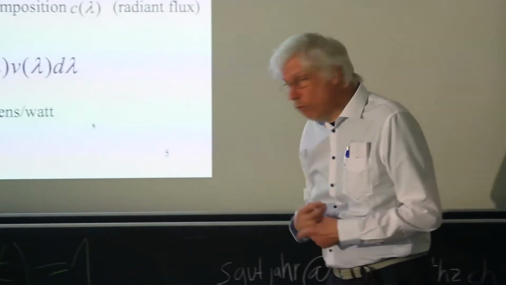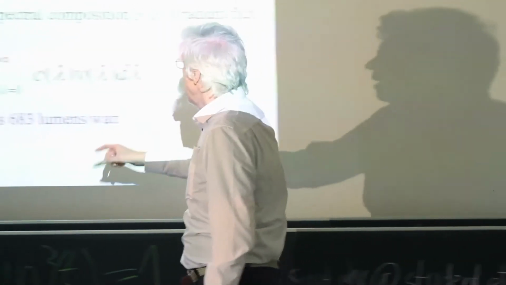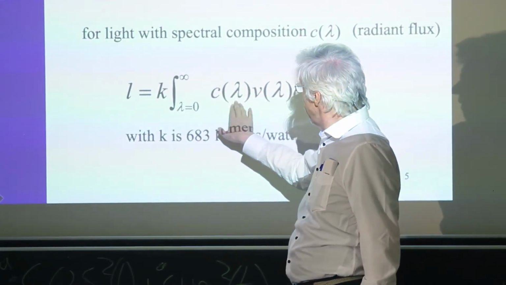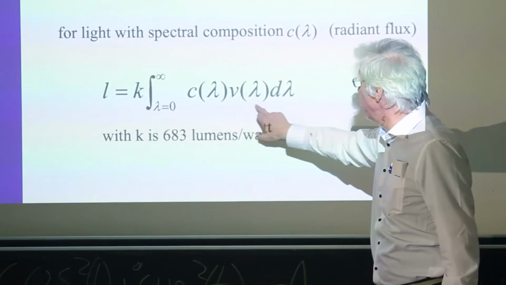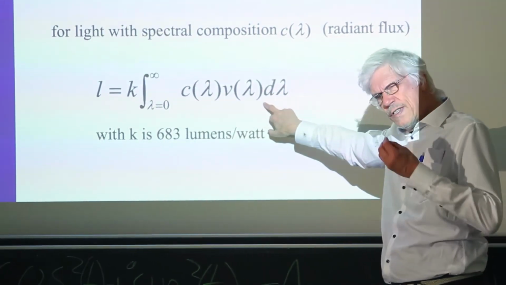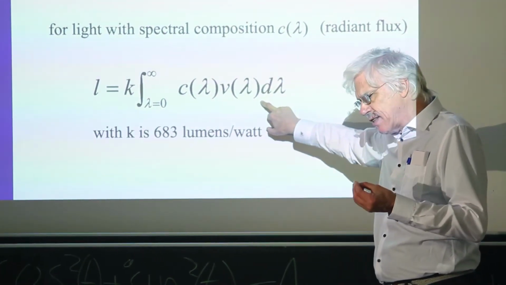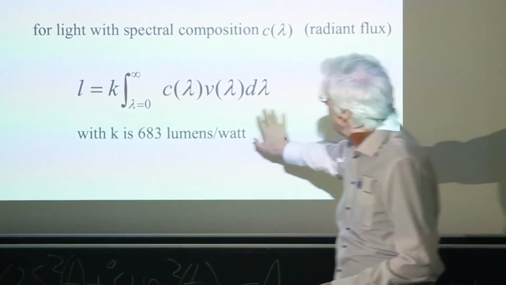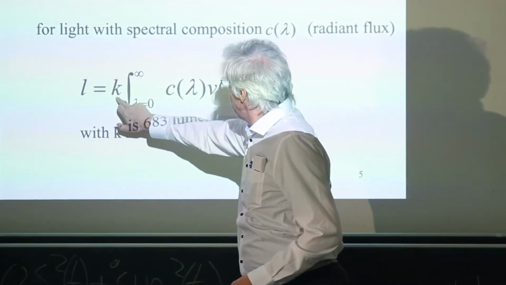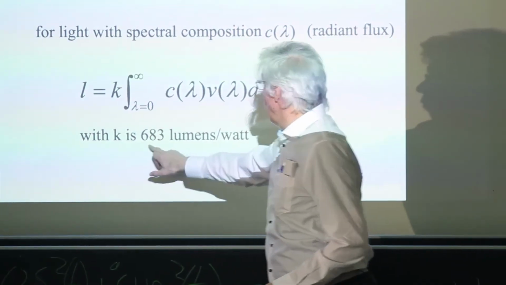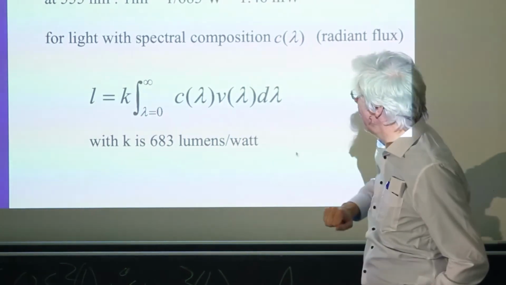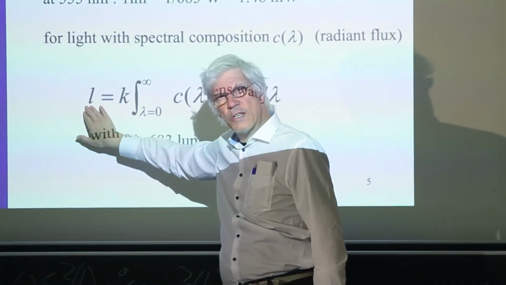In order to do that, we take the amount of power in a certain wavelength and multiply with this luminous efficiency function, so this sensitivity to that particular wavelength that we saw on the previous slide, and then multiply with K, which is 683 lumens per watt, and that gives us the overall brightness.